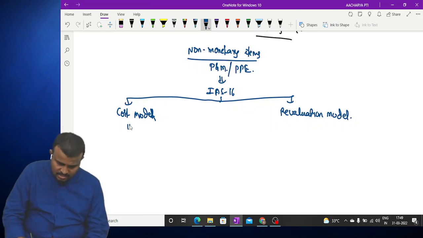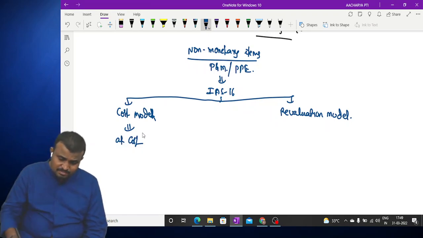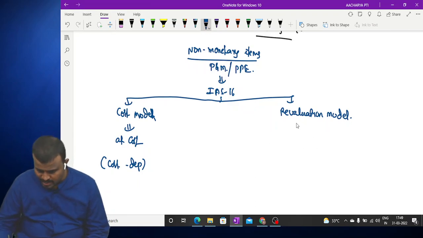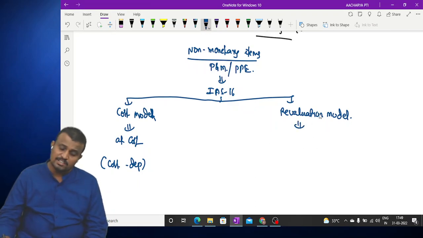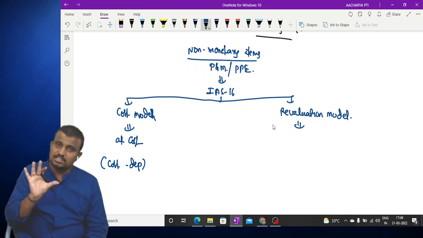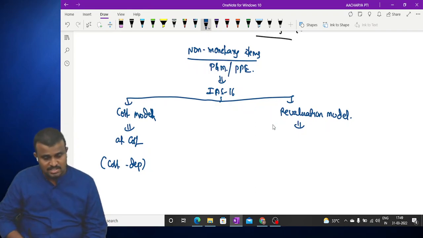In the cost model, the PPE is always recorded at cost, either initially or subsequently. But in subsequent periods we record cost less accumulated depreciation, nothing but book value. As per the revaluation model, on the date of the balance sheet, the carrying amount is compared with the fair value of the asset.